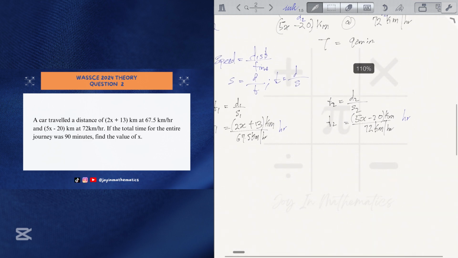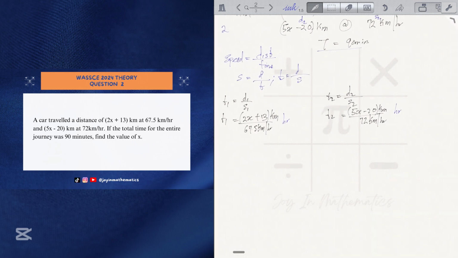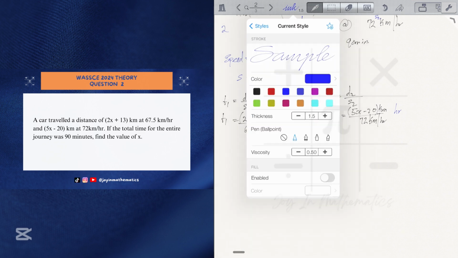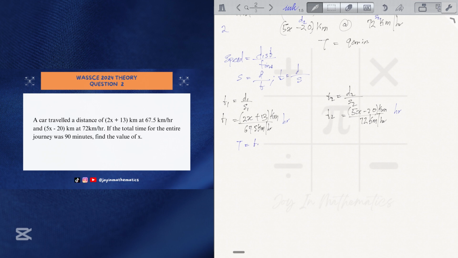However, we're given the total time T, which is the sum of the individual times, T equals T1 plus T2.